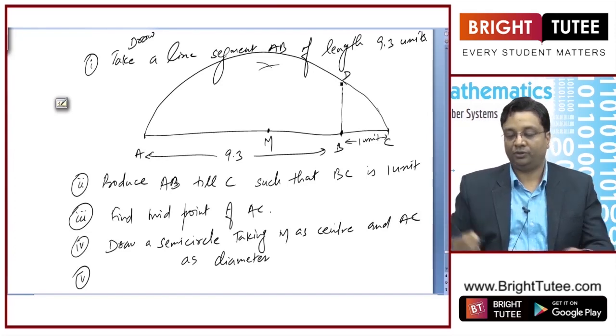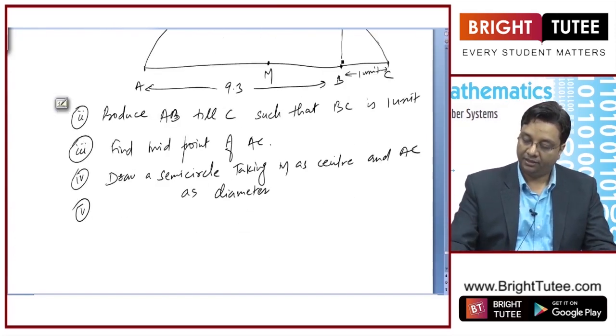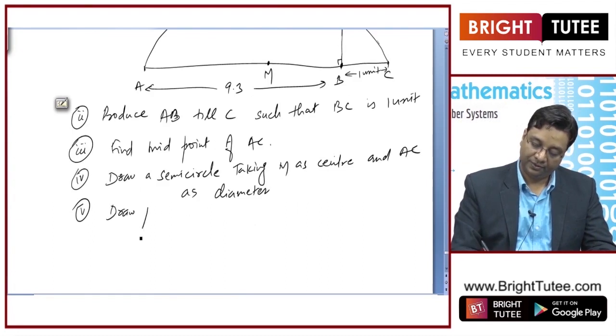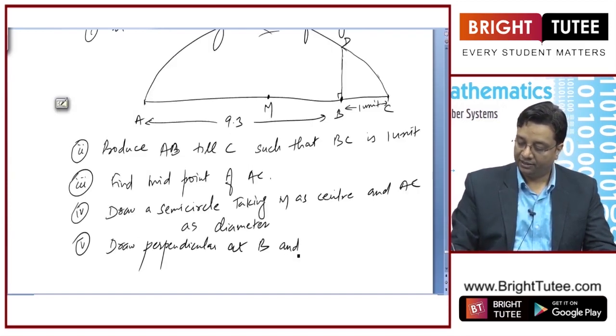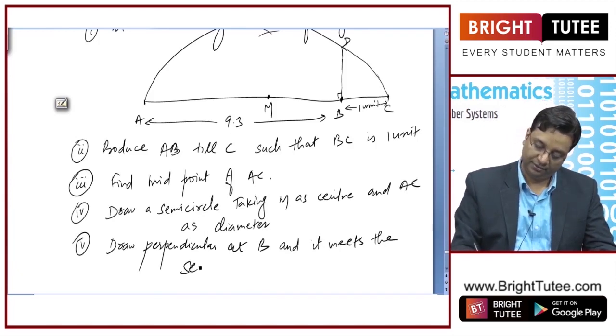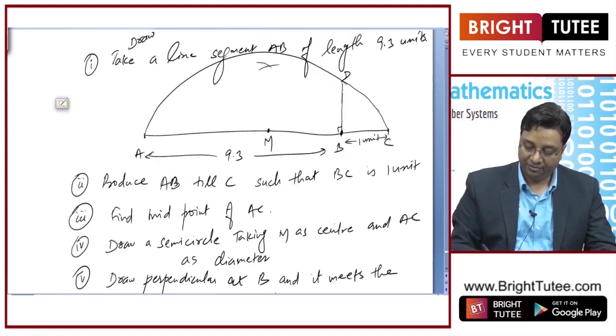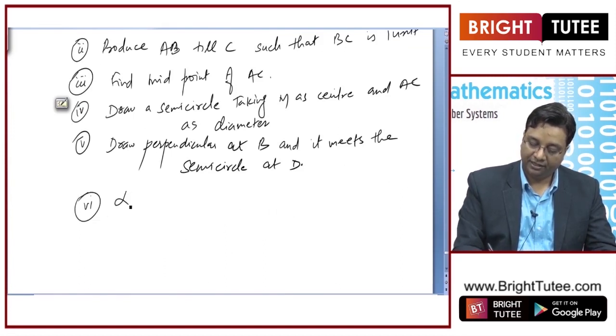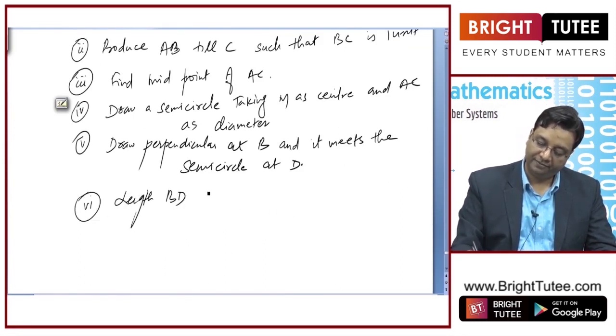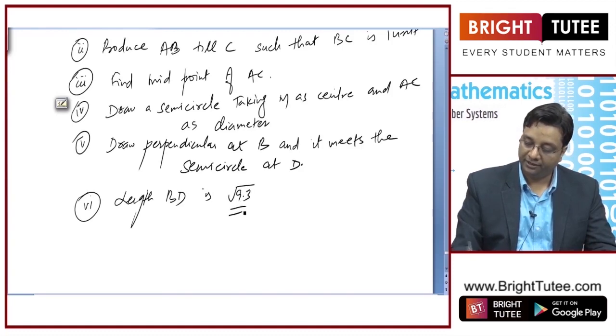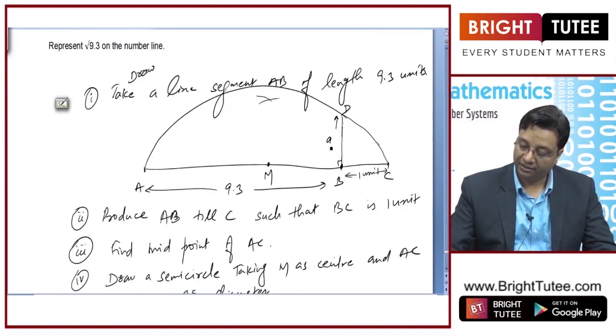Let it be point D. Draw a perpendicular at B and it meets the semicircle at D. Now the length BD is root 9.3.